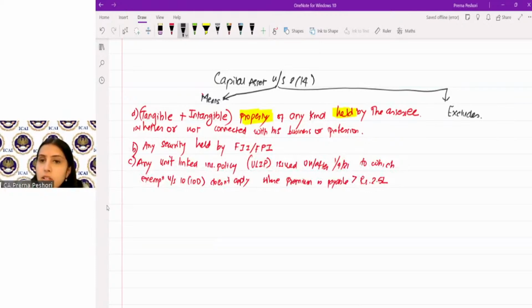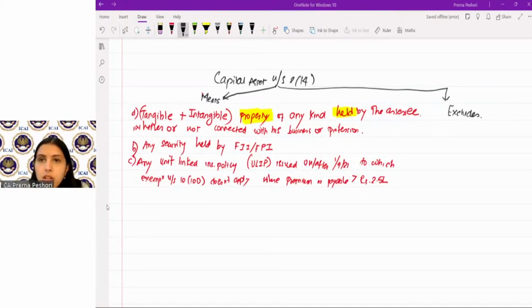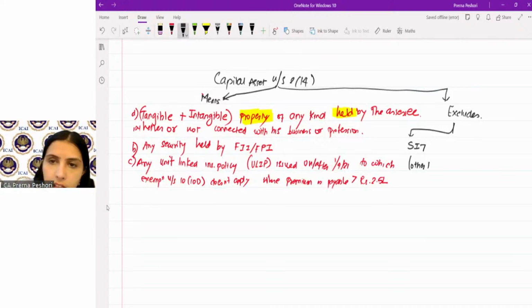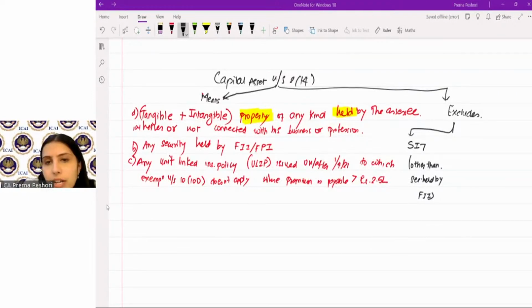So what does it exclude? We have seen the means part. First is stock in trade. So stock in trade is excluded from the definition of the capital asset other than securities held by FII. So if it is security held by FII, even if it is treated as stock in trade, that would be considered as capital asset.